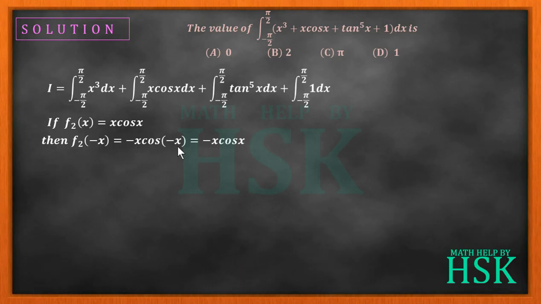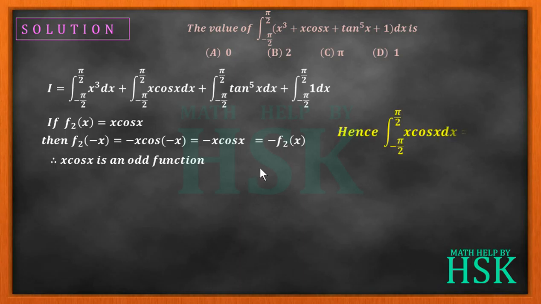I know that cos of minus x is equal to cos x, so this will be equal to minus x cos x, which can be replaced with minus f2(x). So again f2 of minus x is equal to minus f2(x), which shows that x cos x is an odd function, and hence x cos x dx from minus pi by 2 to pi by 2 is equal to 0.